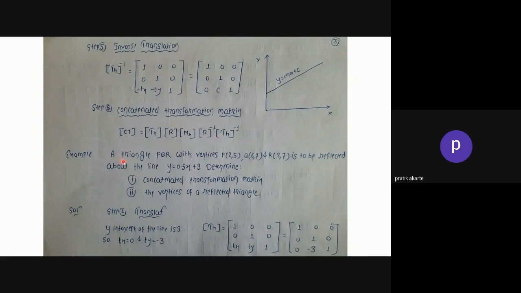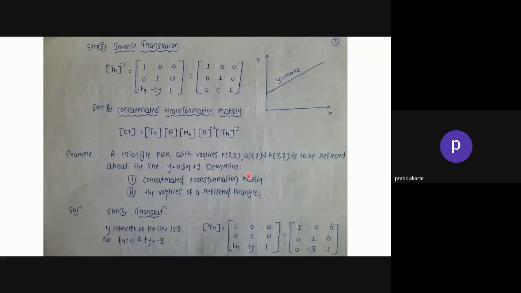First, a triangle PQR with vertices P(2, 5), Q(6, 7), and R(2, 7) is to be reflected about a line y is equal to 0.5x plus 3. So here we can say that the value of m is 0.5 and the value of c is plus 3, which we are making use of in our transformations.